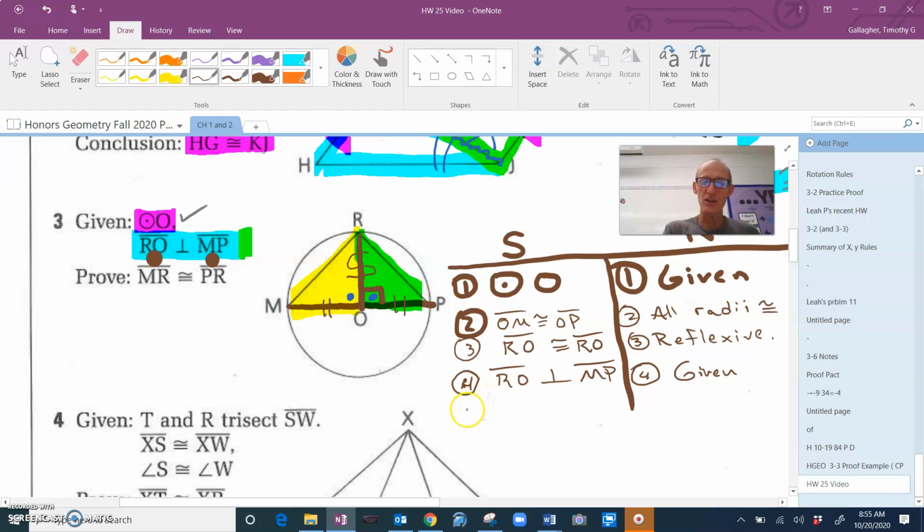All right, so RO is perpendicular to MP. Now, here's the big jump. Here's what we have to be sure to do. We have to say that angle ROP, this one here, is congruent to angle ROM.